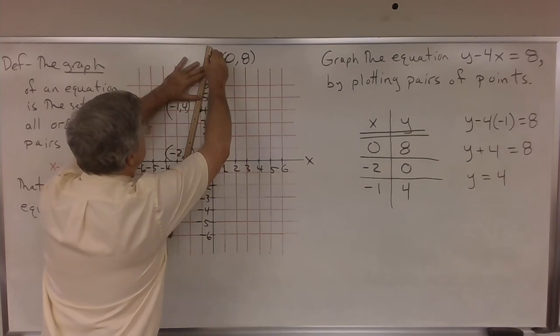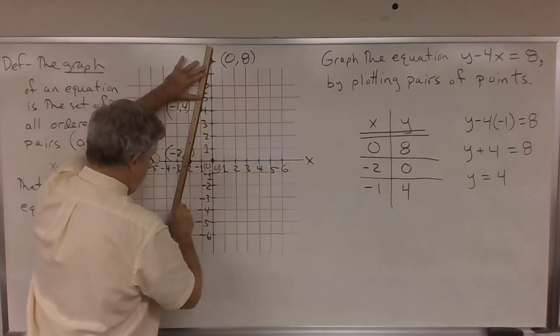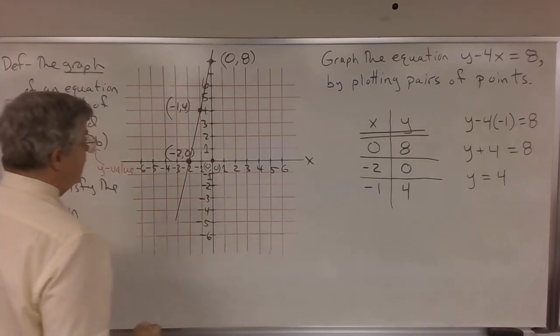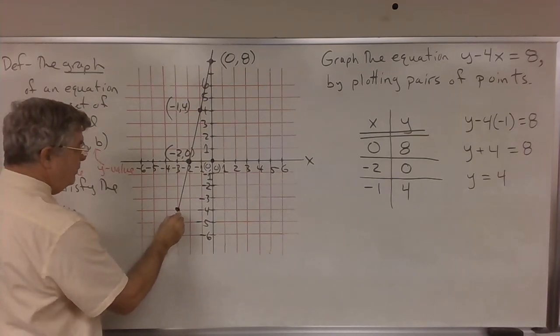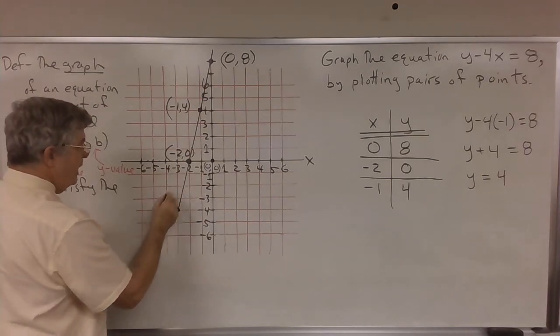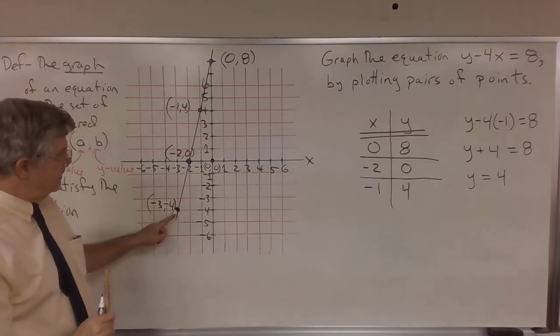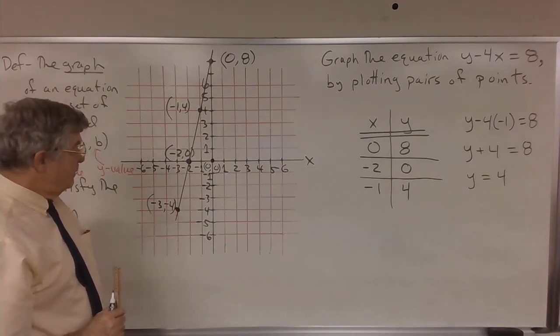Yeah, looking pretty good. And from our graph, here's another solution right here. X equal negative 3, y equal negative 4, and we picked that out just because this is a point on the line.